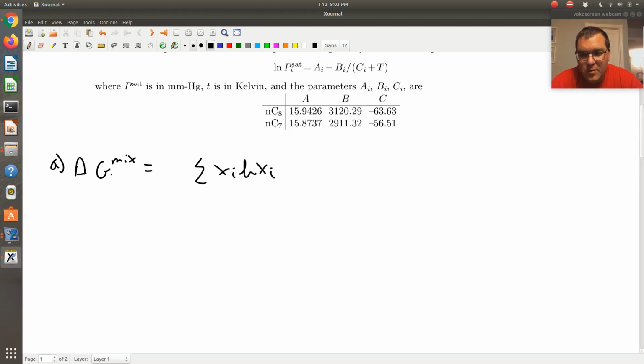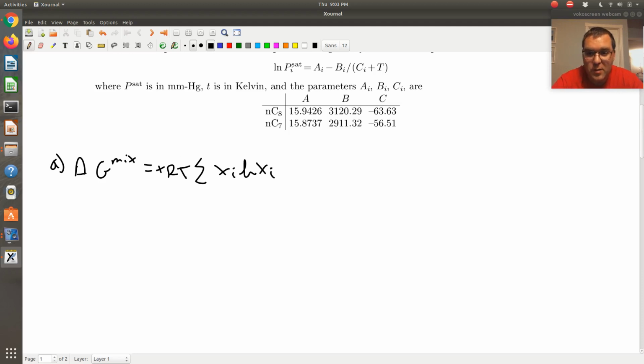We know delta G of mixing is going to be less than or equal to 0, and except at the pure component limits, we expect it to be less than 0. So log xi will be negative, and this must be multiplied by a positive RT, which has the units of energy, so that delta G of mixing is negative.